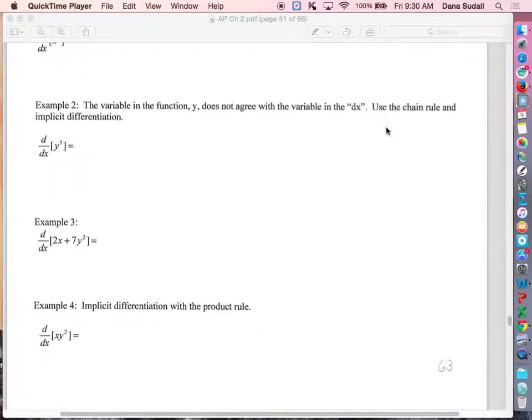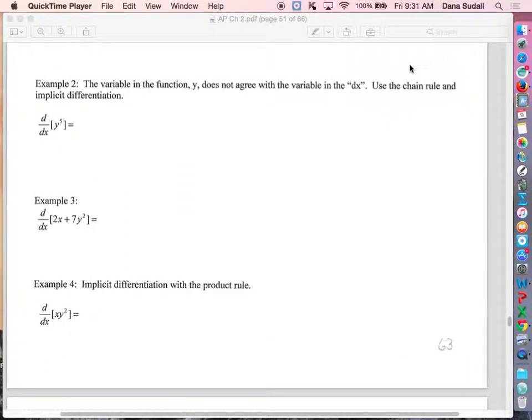Let's look at the next couple here. So now we're looking for the derivative of y to the 5th. We're taking the y with respect to x. So I don't have an x as a variable, but they want me to take the derivative with respect to x. So you take the derivative just the way you did before. Using power rule, you'll have 5y to the 4th. But what I need to do is multiply by something that says I took the derivative of y with respect to x.